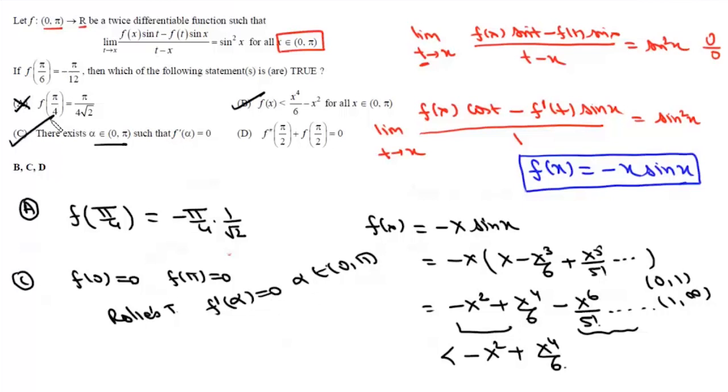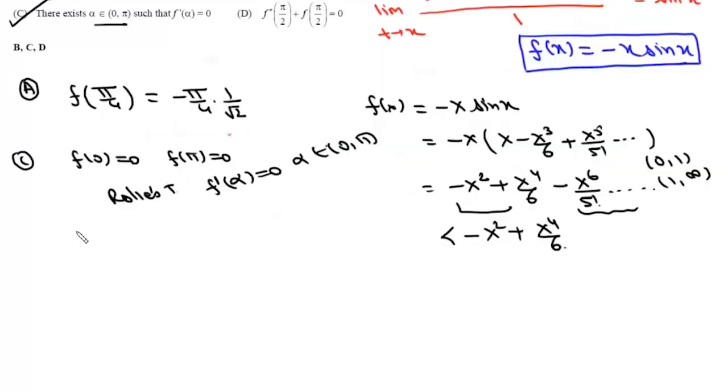Now option D is we need to find f double dash (pi by 2) plus f(pi by 2). Now f(pi by 2) is minus pi by 2. If we differentiate this, f dash x will be minus x cos x minus sin x.